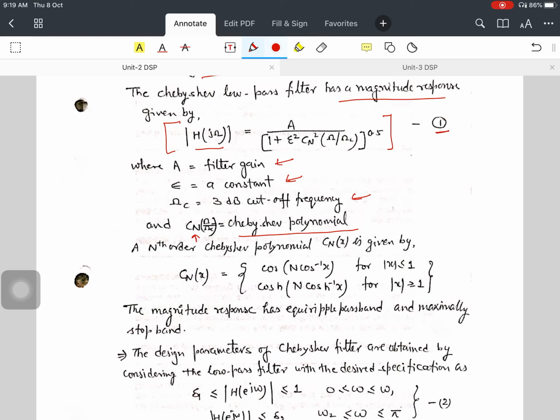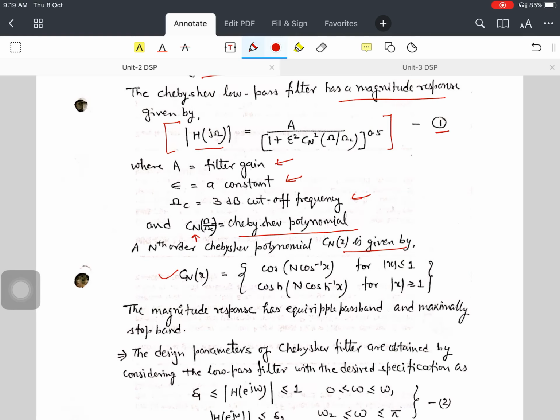nth order of the Chebyshev polynomial, and Cn is given by these two equations for mod x less than or equal to 1 and mod x greater than or equal to 1.